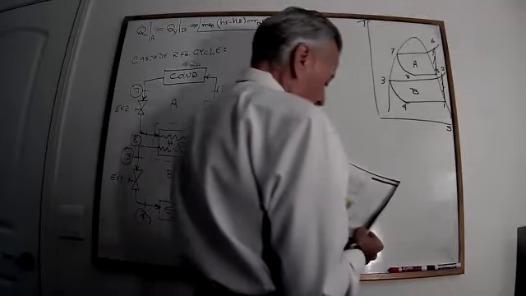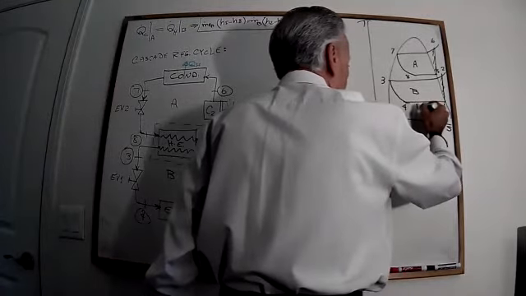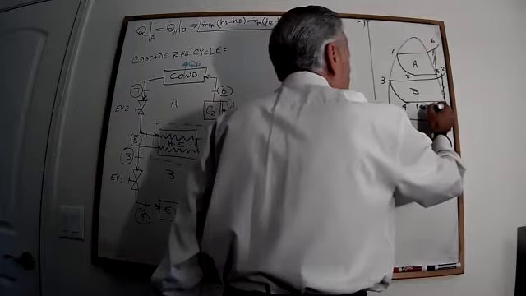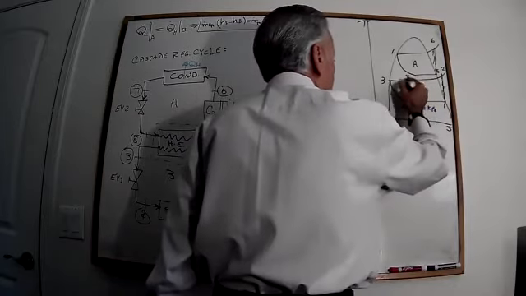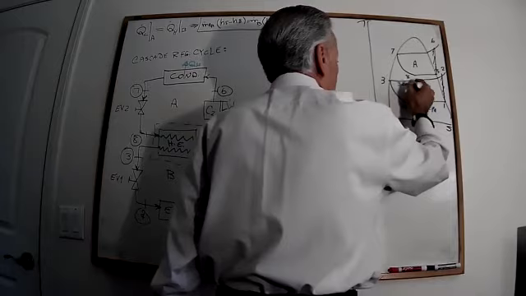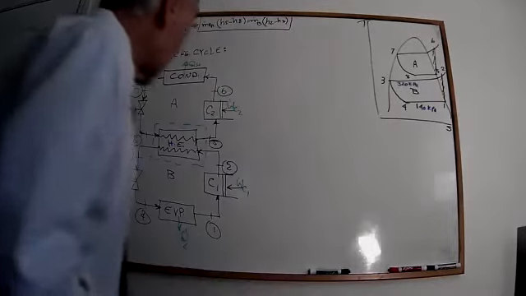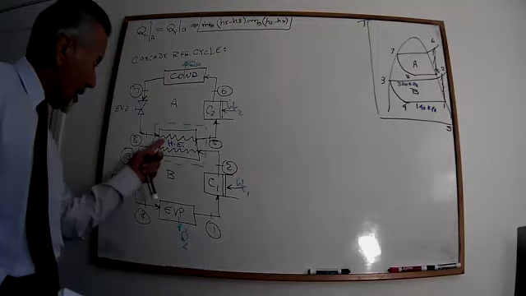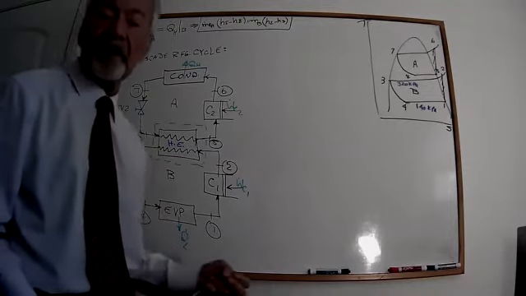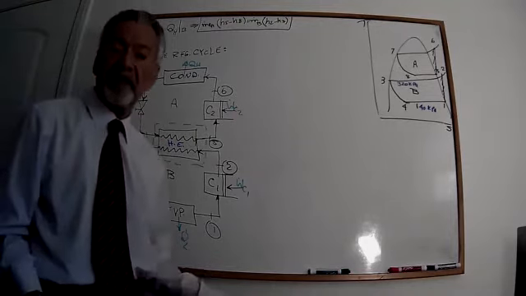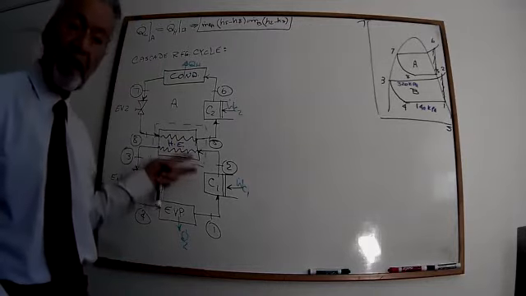If the pressure here is 140 kilopascal, pressure 2 and 3 is 320 kilopascal. Now, you need to remember, heat exchangers do not reduce or increase the pressure. They just exchange the heat.